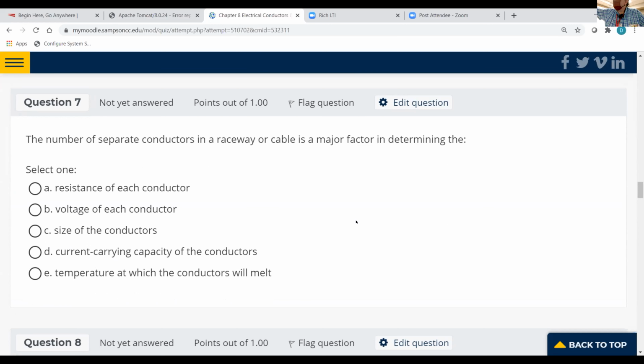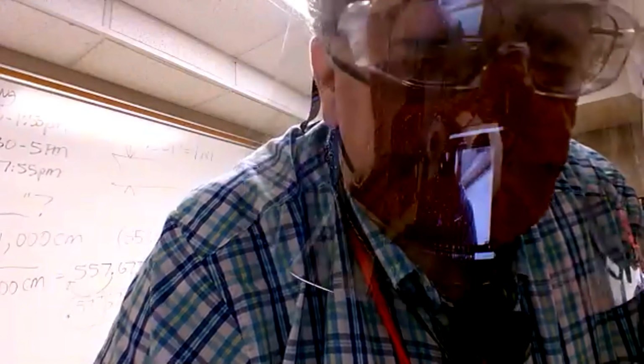The number of separate conductors, let's say in a piece of conduit, it helps to determine what. And now, let me show you something in the code book. We're going to flip over, get that handout I gave you. And this is going to be something that was not explained very much in the chapter. So we got to flip over to the electric code. This is very much needed.